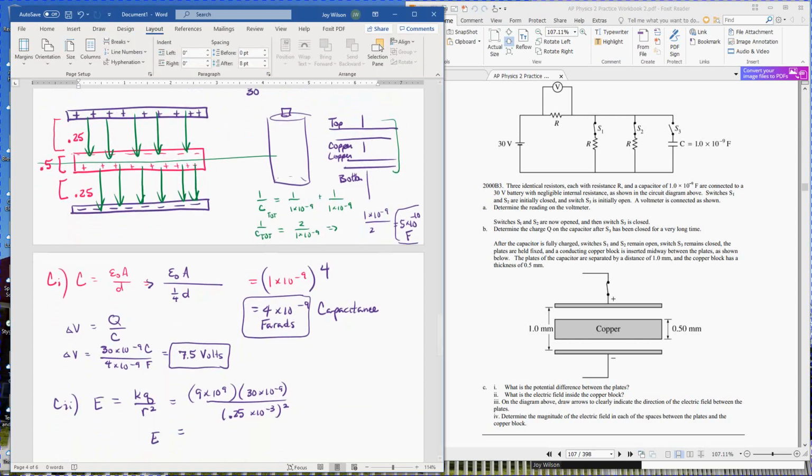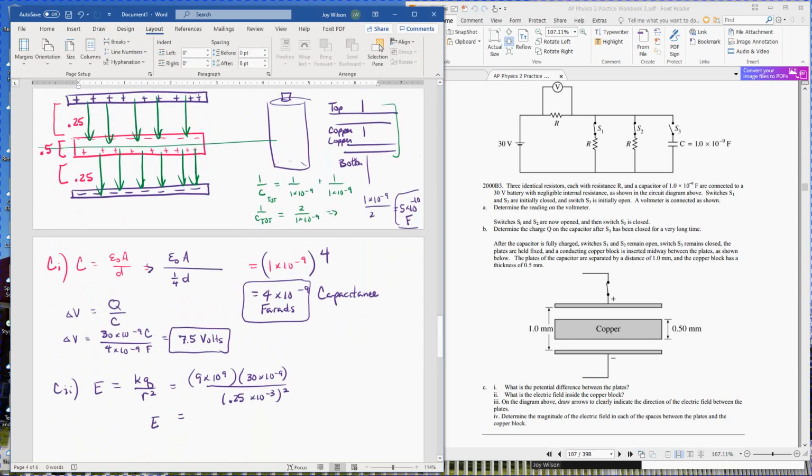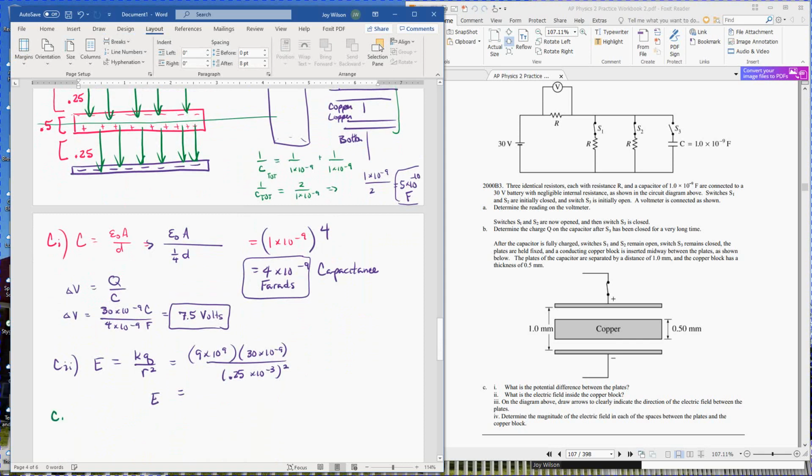Oh wait, hang on just a second. C3 is the picture. C4, oh wait a second. This was C4. This is in between plates. And then the one for inside the copper block would be the same thing, inside copper, but the distance would be different.